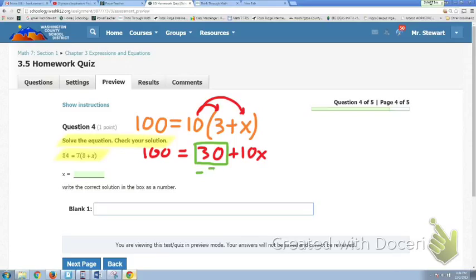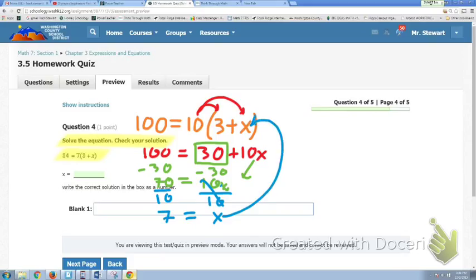So I'm going to subtract 30 from both sides. 100 subtract 30 should be equal to 70, and that's equal to 10x. So that just comes down. Now I just think to myself, okay, this is multiplication. The inverse of multiplication is division. So I divide both sides by 10. That goes to 1, and I'm left with x isolated, and 10 goes into 70 7 times, so x should be equal to 7.